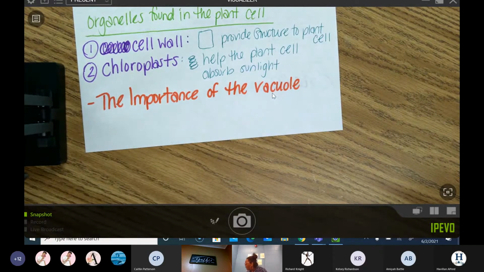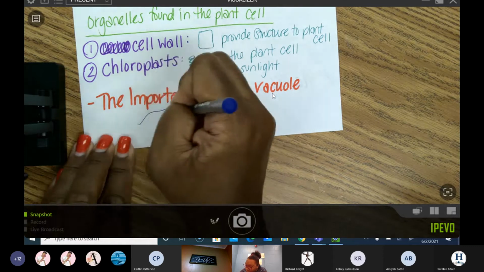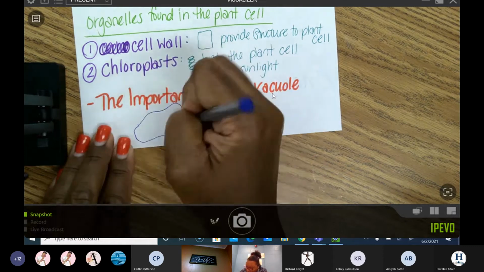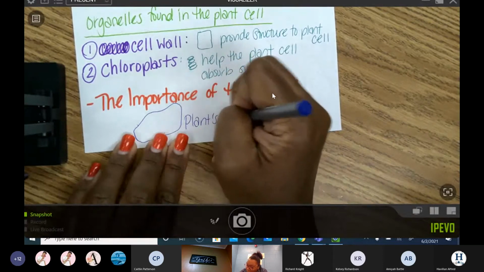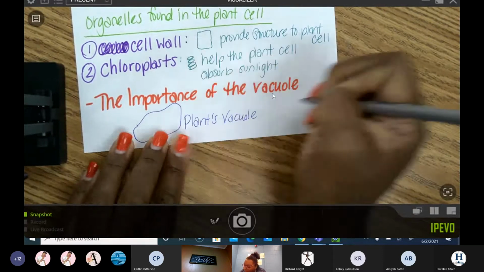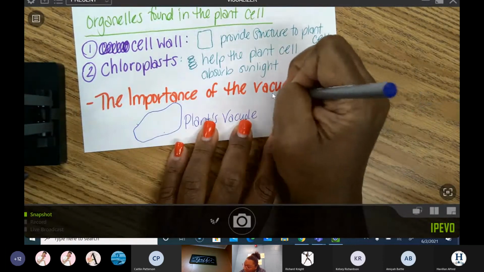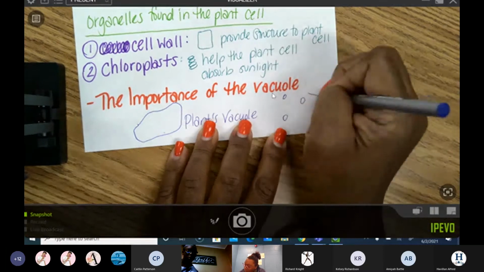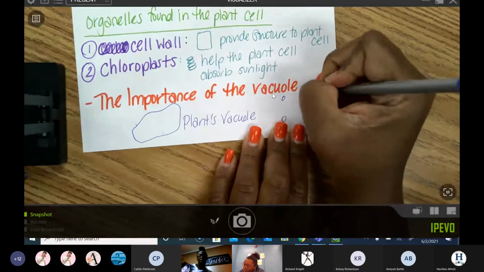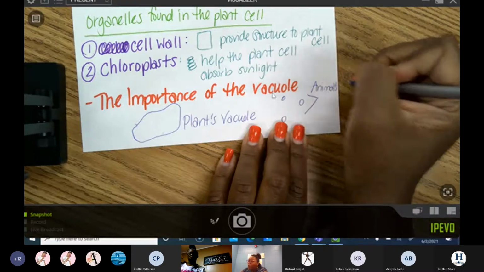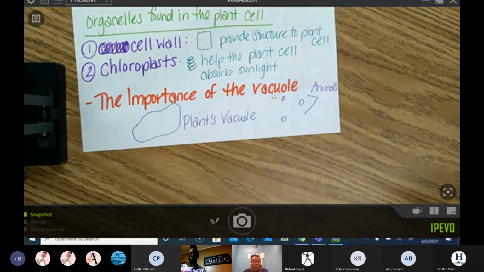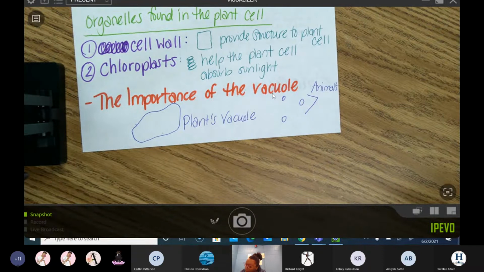You'll notice that the vacuole inside of our plant cell is much larger than the vacuoles we'll find in the animal cells. And so we're going to answer that question today before we move on and start talking about microorganisms. Okay?